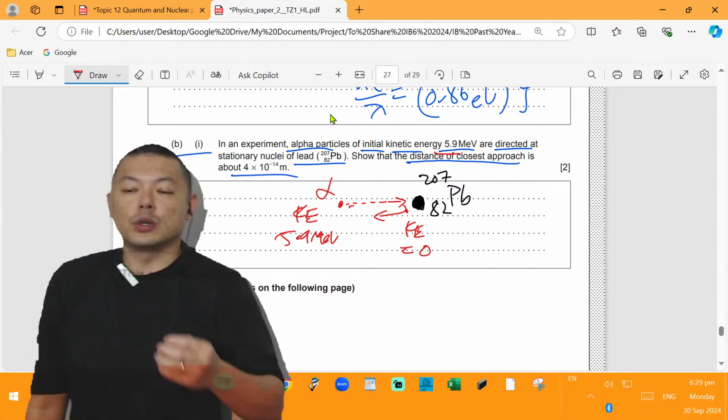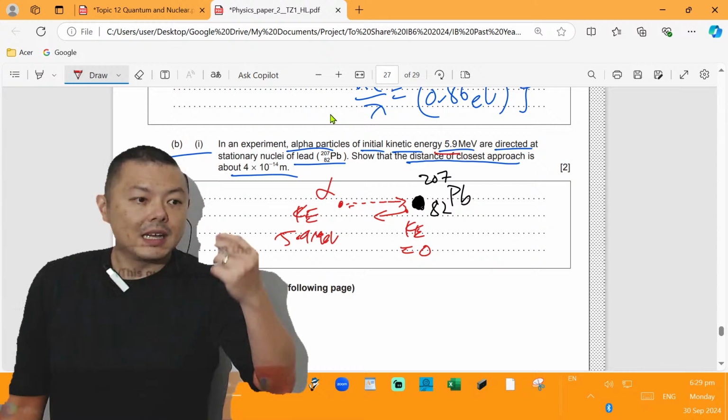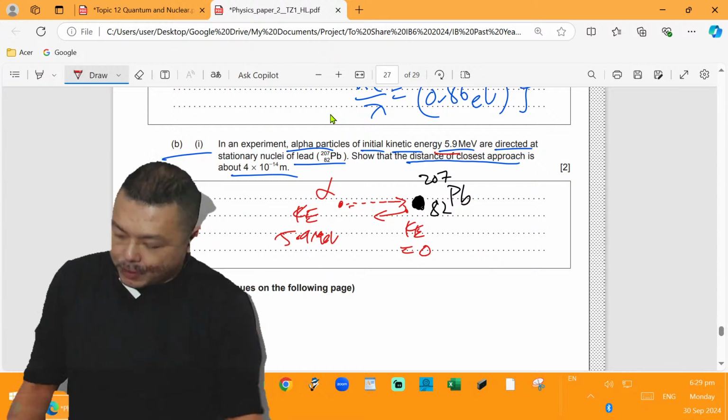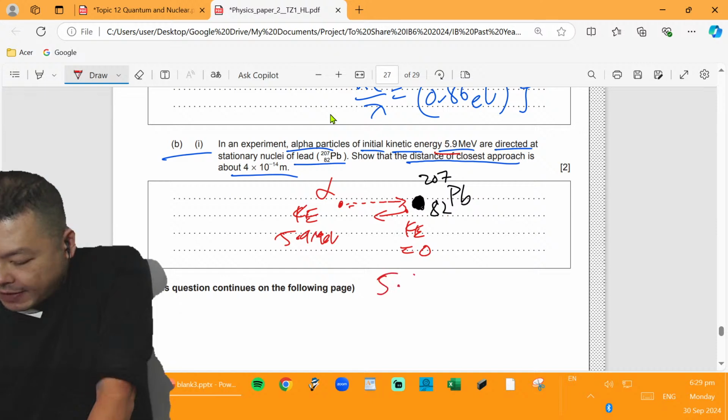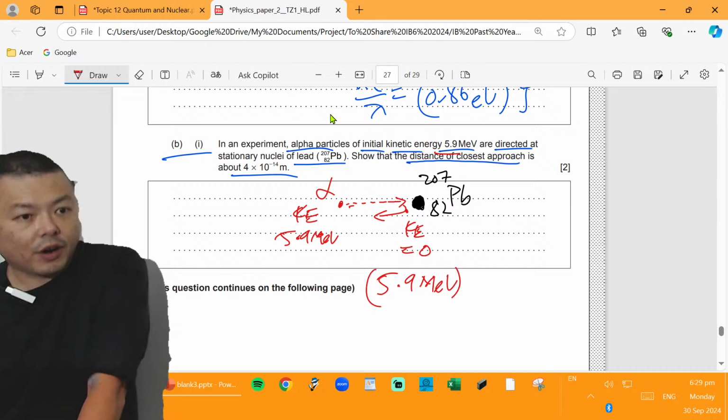Now you have to do the KE converted to EPE equation. So 5.9 MeV. Do we need to convert to joules or not?